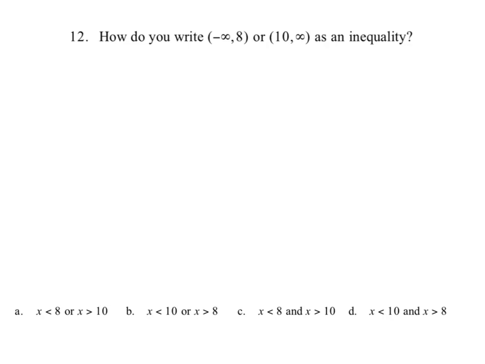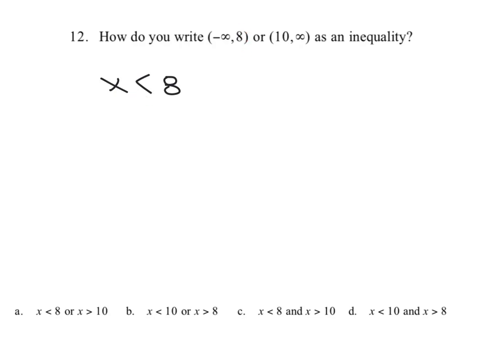Okay, how do you write this as an inequality? We've got 8 as the endpoint here, right? Notice that it doesn't include 8, and we're going less than that. We're going all the numbers from 8 all the way down into negative infinity. So x is less than 8, but we can't include it, because this has a parentheses, and it doesn't say or equals.